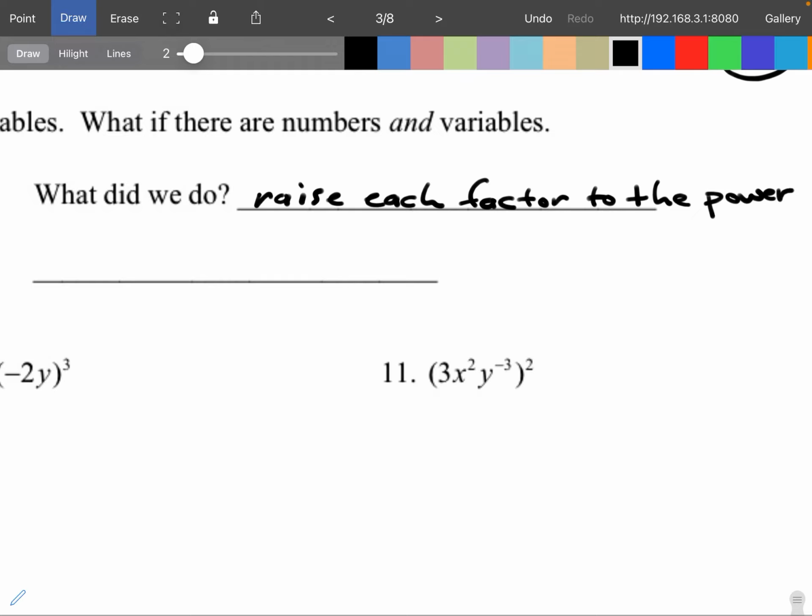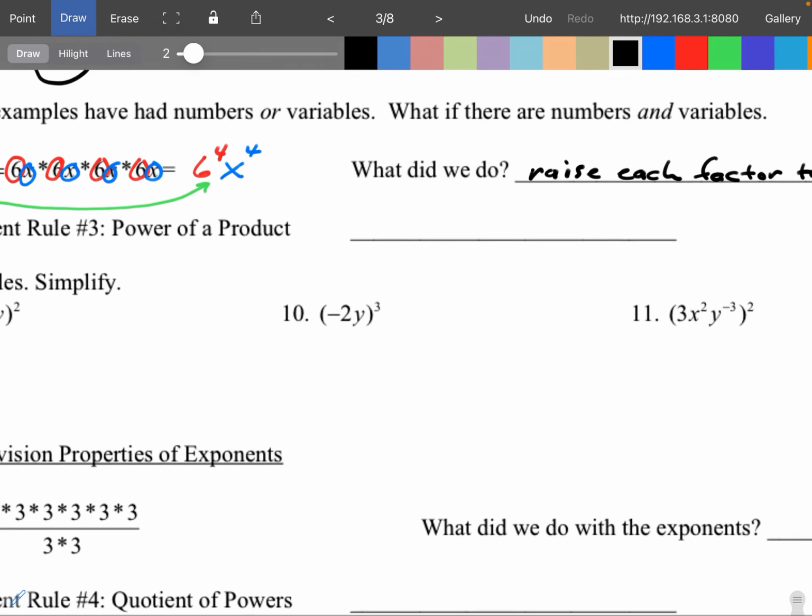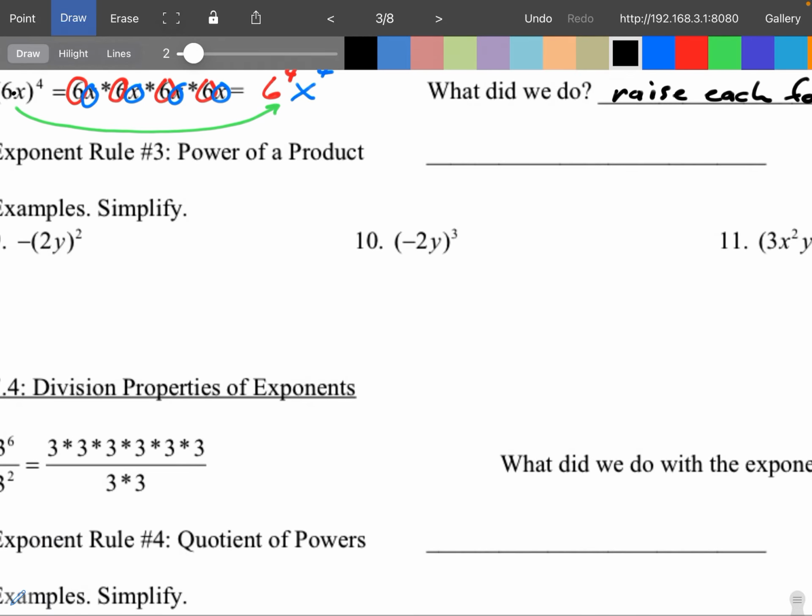So basically, you put the power or the exponent on each factor in the product. So then that's exponent rule number 3. They call it power of a product because you're raising a product to a power.